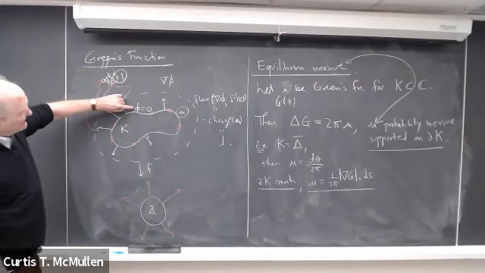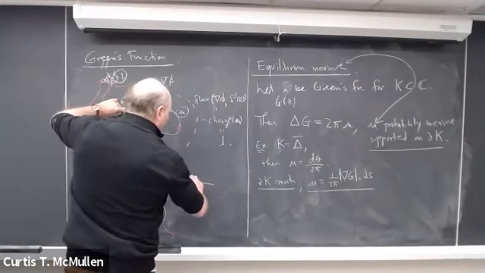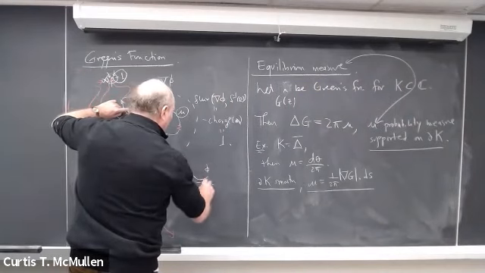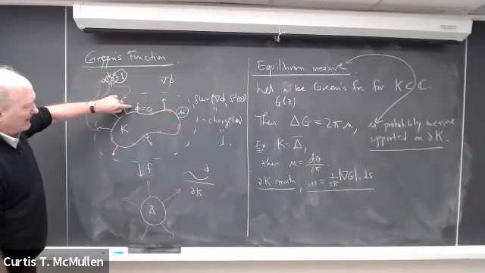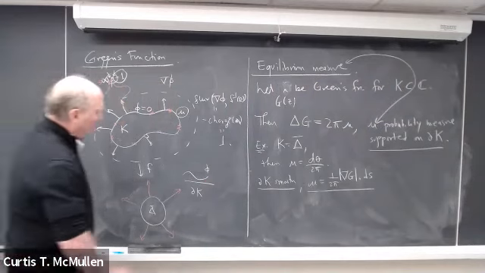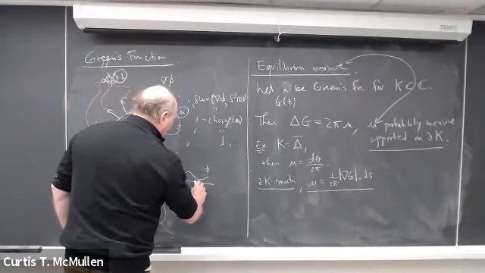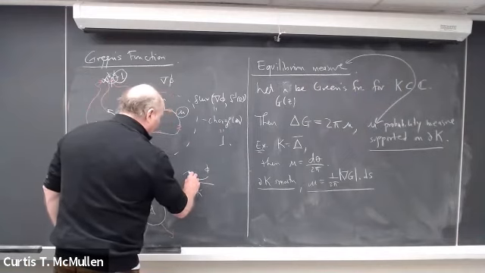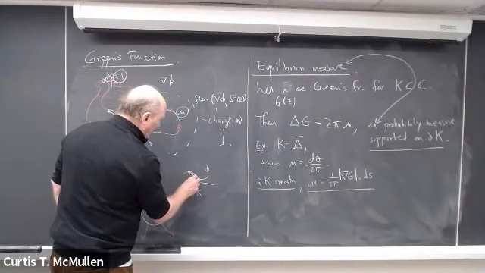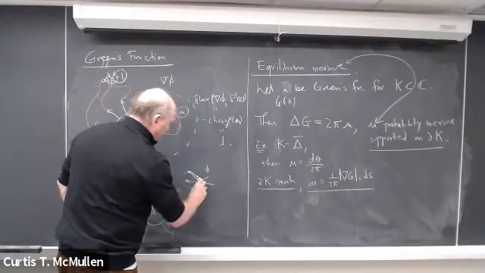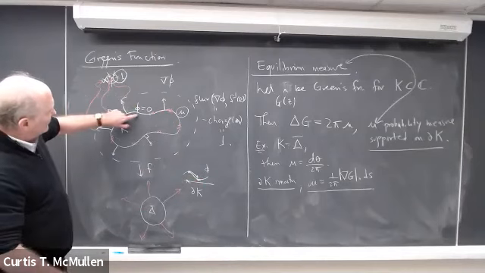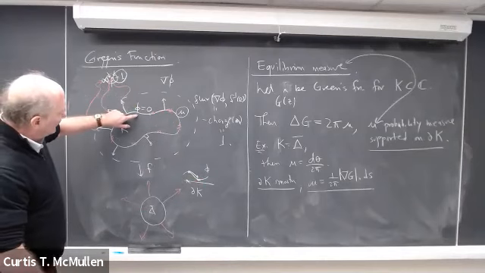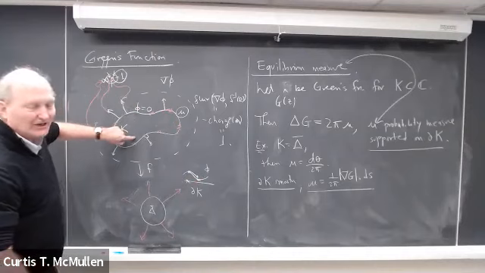Now let's think about this potential function phi. Suppose that on the boundary of K, phi were to look like this. Well, that would not be an equilibrium condition for the metal. What would happen is that the electrons that are over here at the top of the potential well would flow down into the bottom of the potential well to try to reduce their energy. And so the reason phi is constant on the boundary is because K is a conductor.